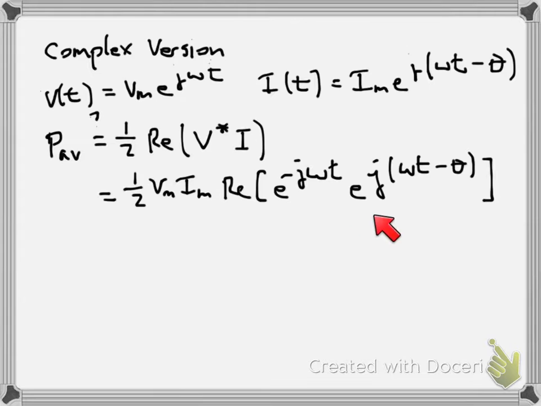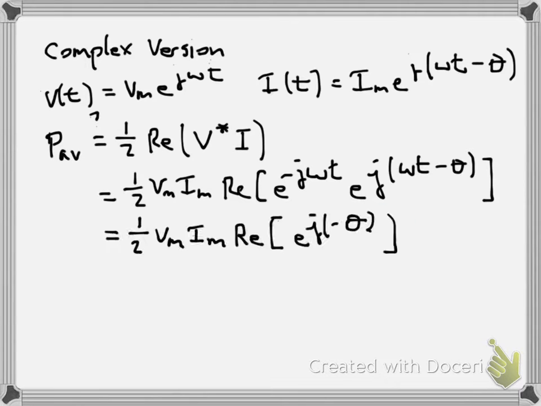And when you multiply e to the one thing times e to another thing, you just get e to the sum of the two things. So you're left with 1/2 Vm Im real part of e to the minus j theta. But the real part of that is just cosine theta.